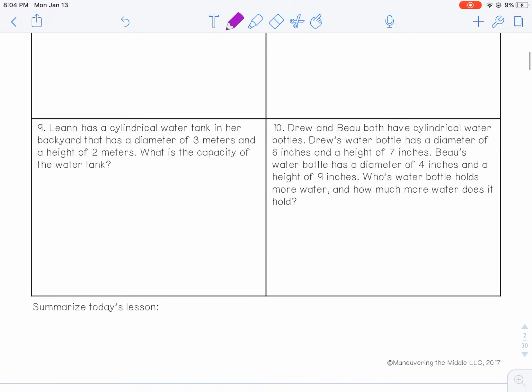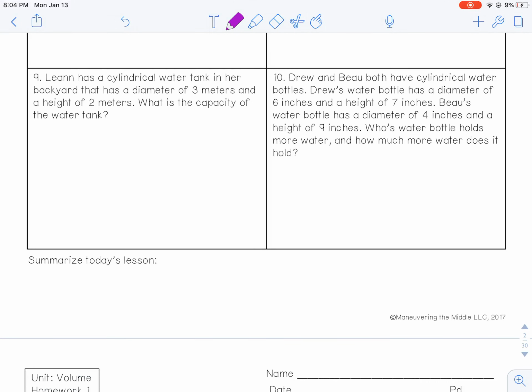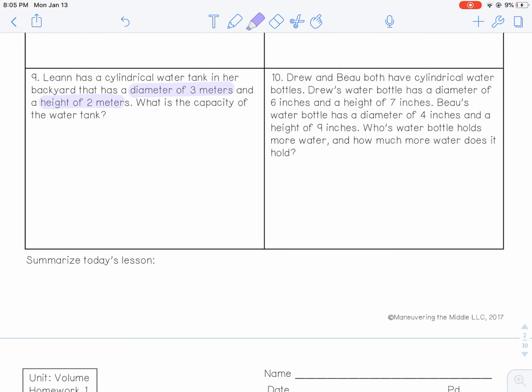All right, so number 9, it says Leanne has a cylindrical water tank in her backyard, and it has a diameter of 3 meters, so I like to highlight that information, and a height of 2 meters. What's the capacity, that's a word right there, of the water tank?